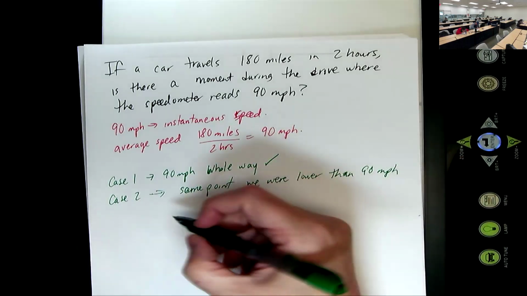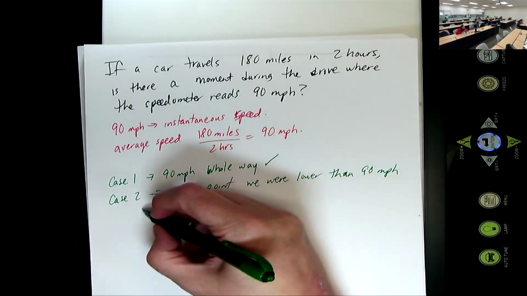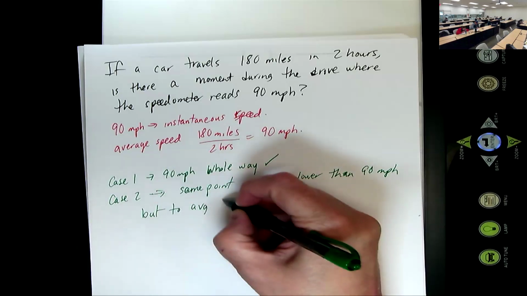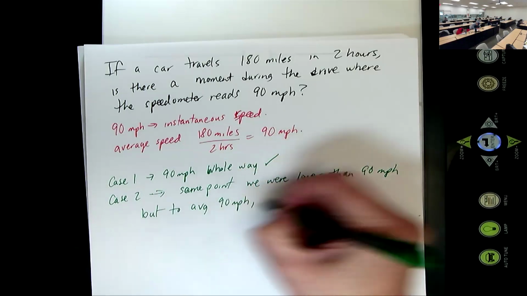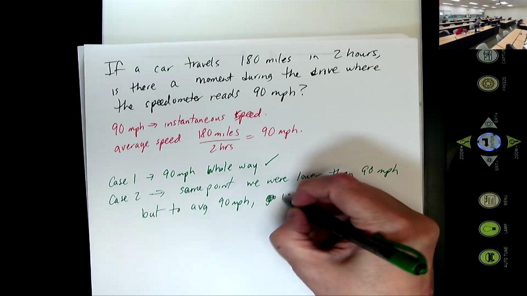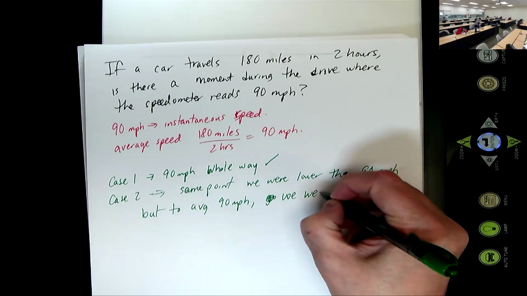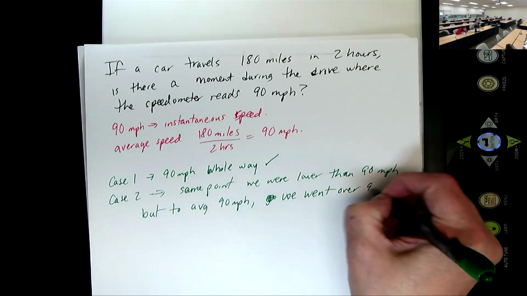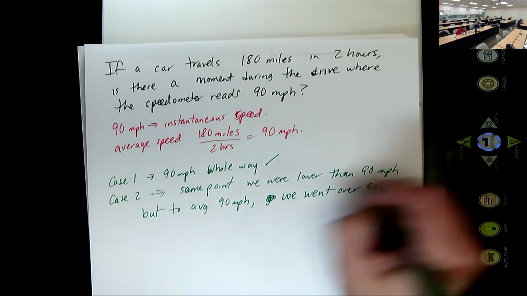Which means to average 90 miles per hour, we had to go over it at some point. We went over 90, which means it crossed 90.